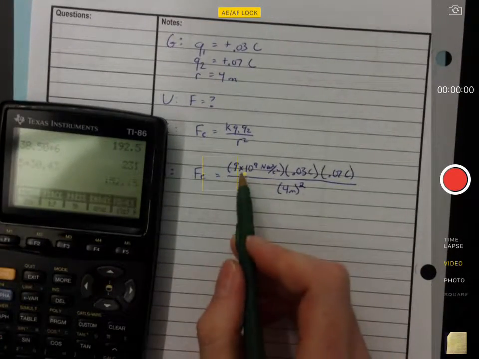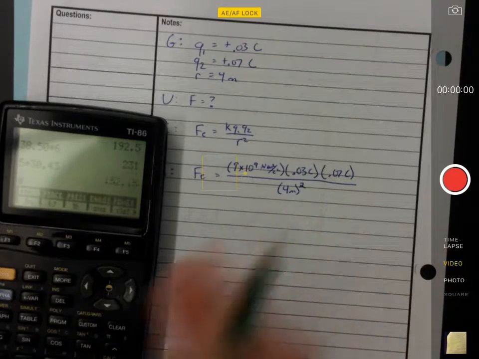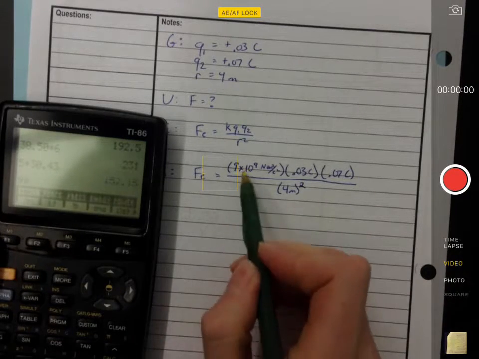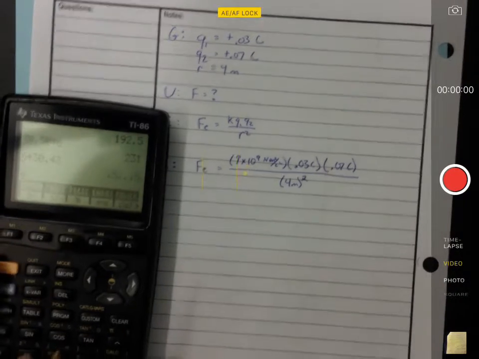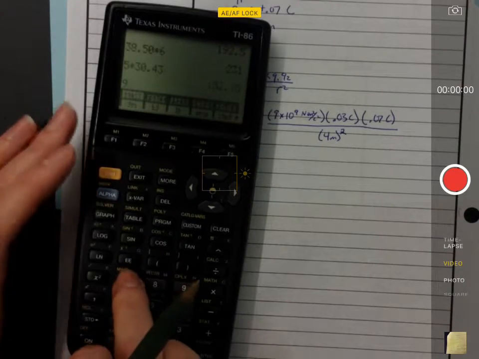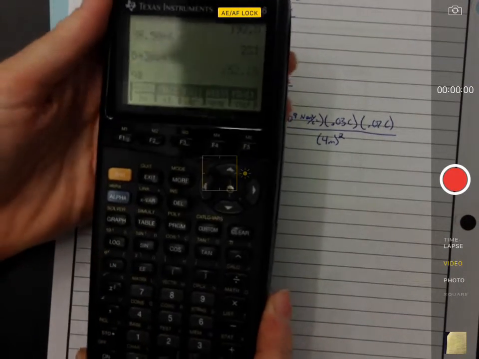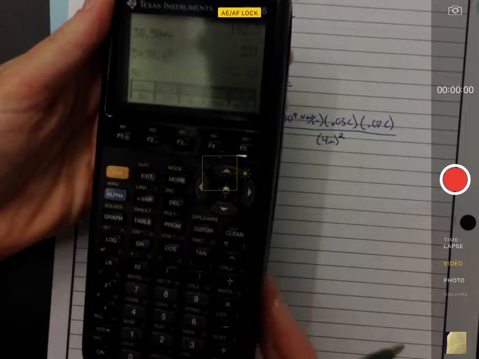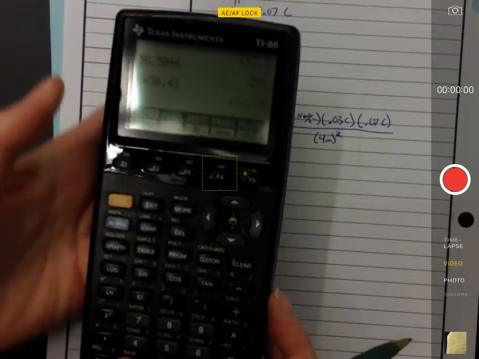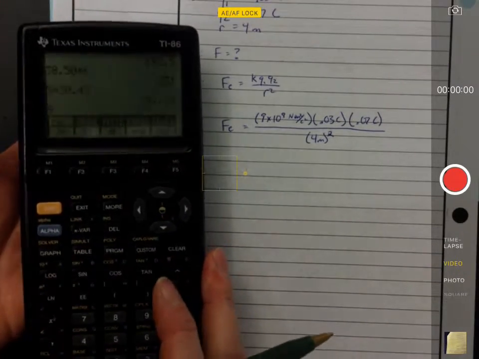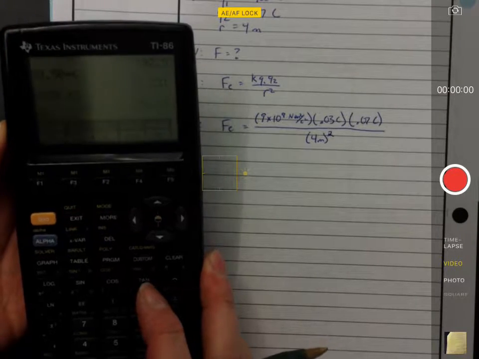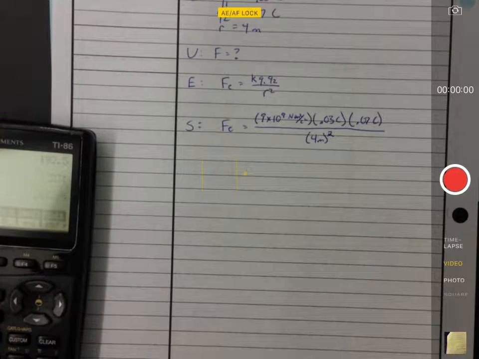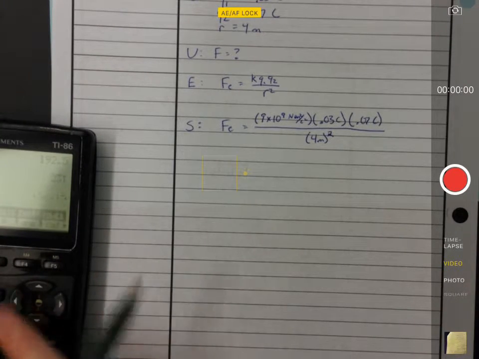I'm going to do the stuff on the top first. To get this scientific notation number, I use this button right here that says EE on it. On the 83s and 84s, you have to hit second and it's above the comma. I think it's a comma. So I'm going to use that button. So 9 times 10 to the 9th.